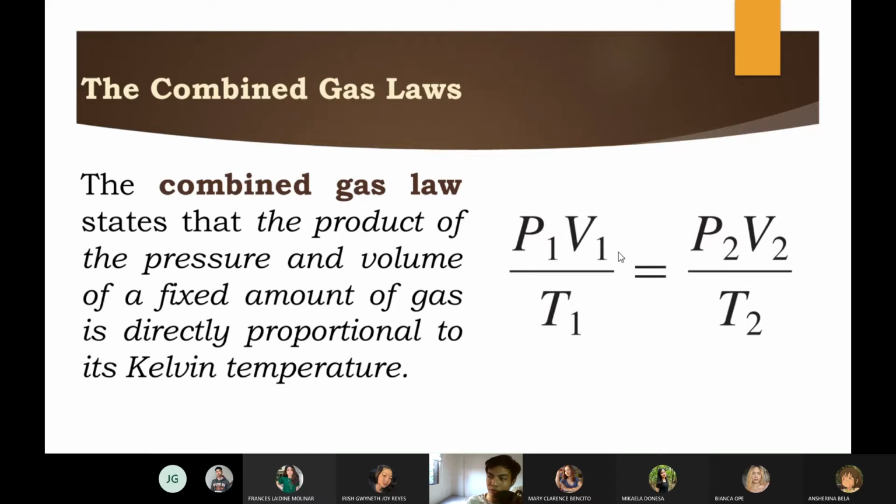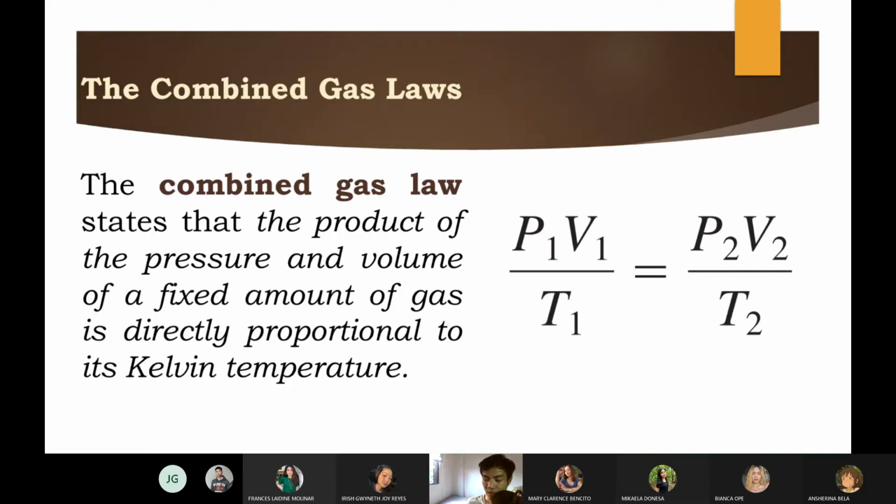And we also have equation na V1 over T1, V2 over T2. Okay? So basically, pag pinagsama-sama natin yung Boyle's law, Charles law, pati yung Gay-Lussac law, okay, we will get this combined gas law. So it states that the pressure, volume, and the temperature, okay, pressure times volume divided by temperature is the same as to the final state now. Okay. They are directly proportional with each other.